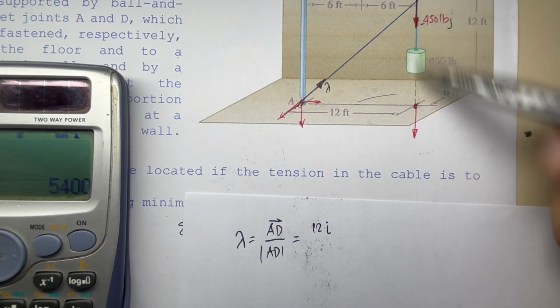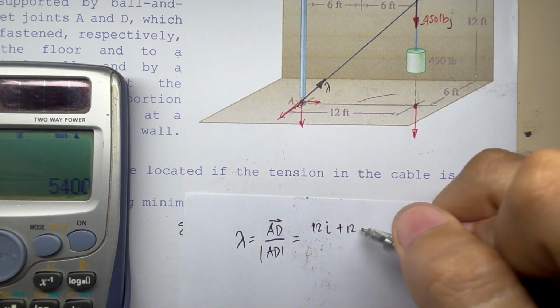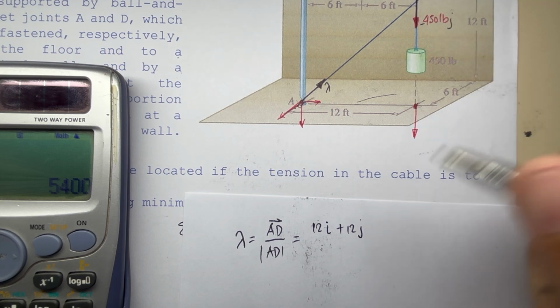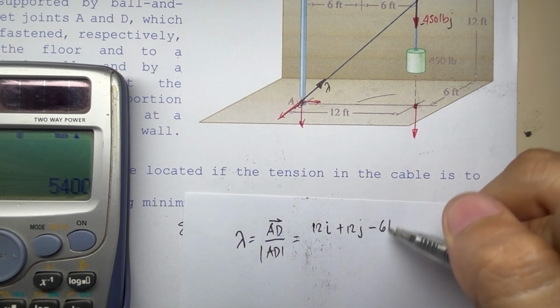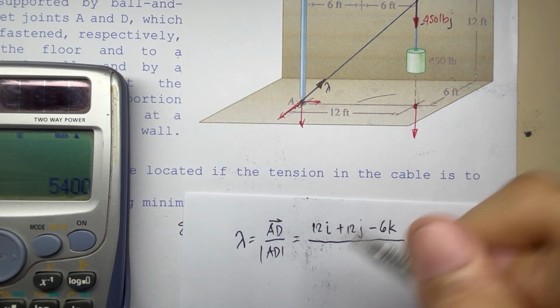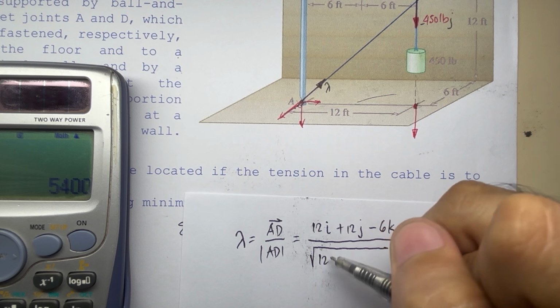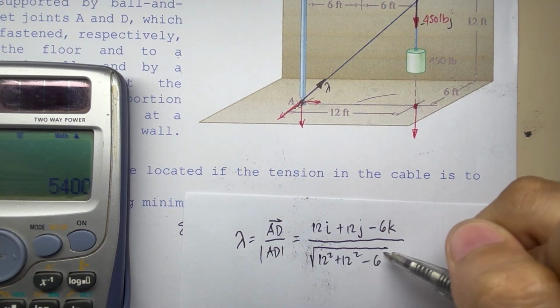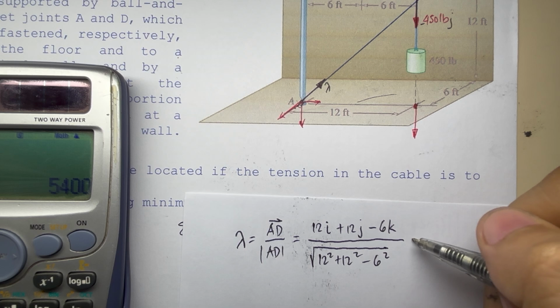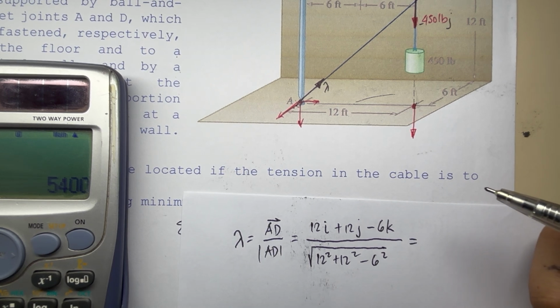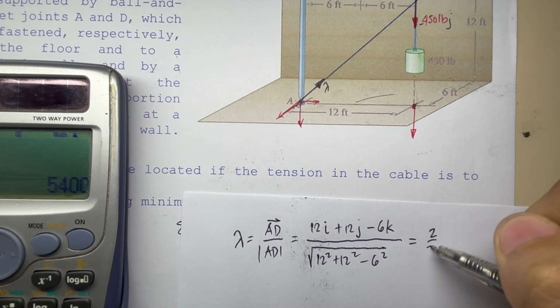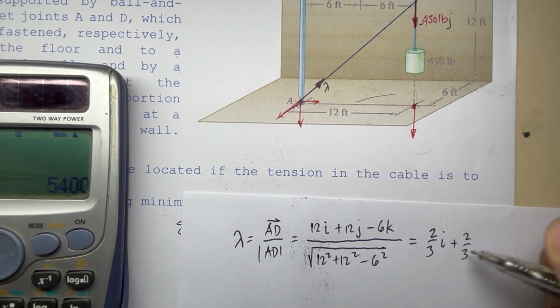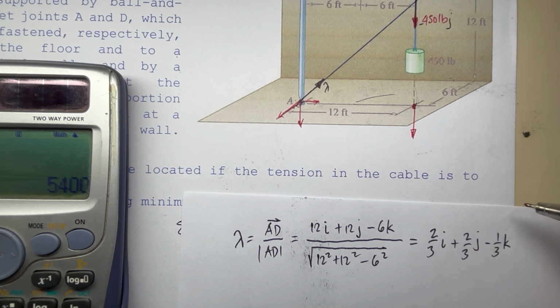For Y, we have positive 12j. And for Z, we have negative this distance here, that is 6. So we have negative 6k over the square root of 12 squared plus 12 squared plus 6 squared. If we simplify that expression, we have lambda equal to 2/3 i plus 2/3 j minus 1/3 k.